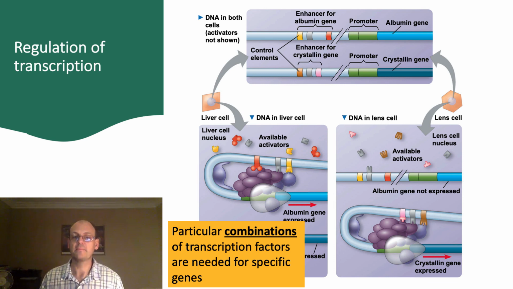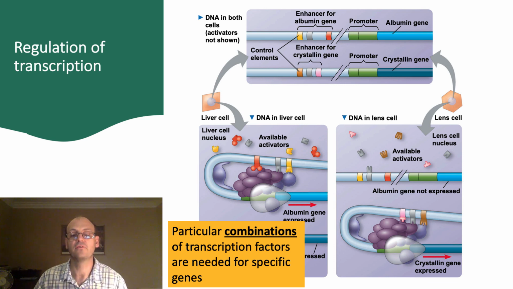The way this works is that different genes in different cells will have specific combinations of the dozen or so specific transcription factors. Therefore, in order to initiate transcription, the particular combination of transcription factors must be present. In this example here, two cells from the same individual, and therefore having the same genome, express different genes during their life.